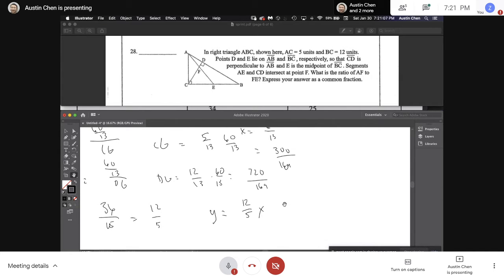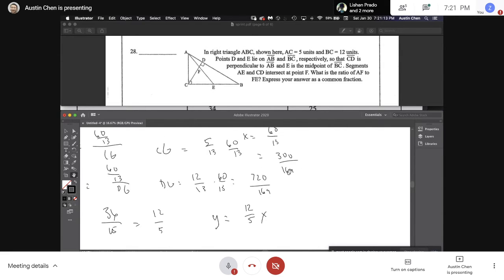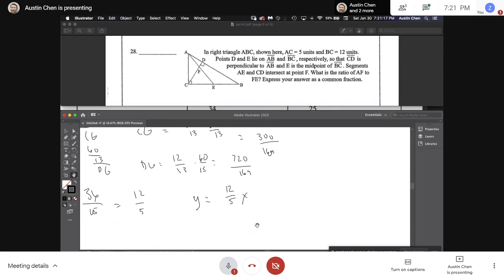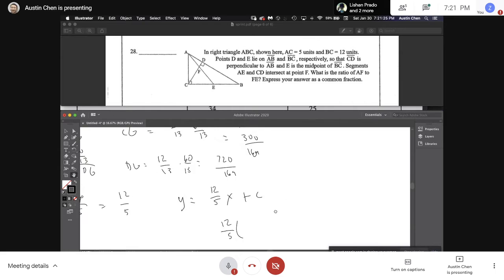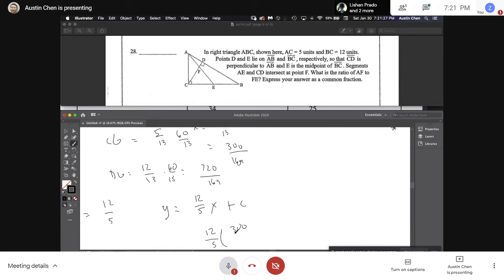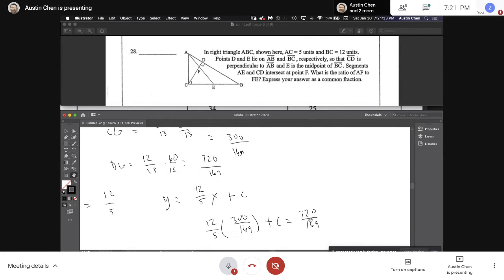the y-intercept, we have to make it so that it satisfies this point. So basically, if we call our y-intercept c, then 12/5 of 300/169 plus c has to equal 720/169.